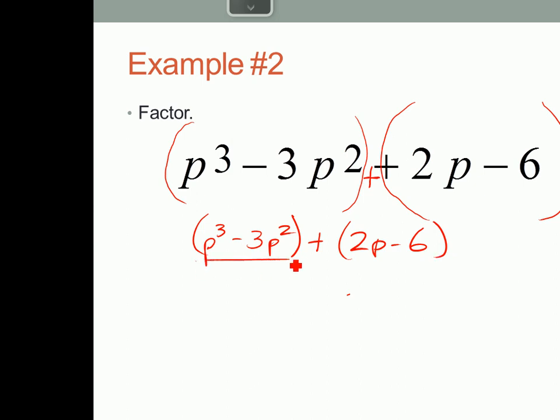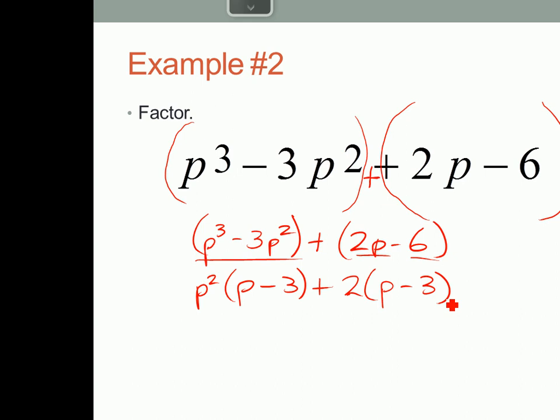If I factor just that part, I would end up with p squared on the outside, and what will be left over is p minus 3, right? Over here, what I have in common with 2p and 6 is 2, don't I? And what's left inside is p minus 3.